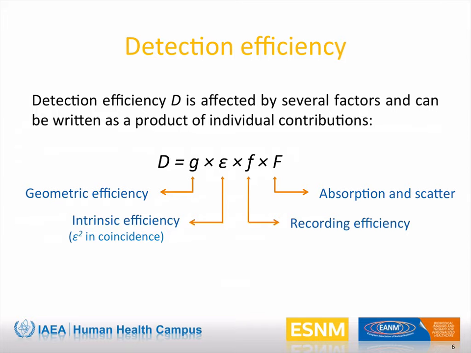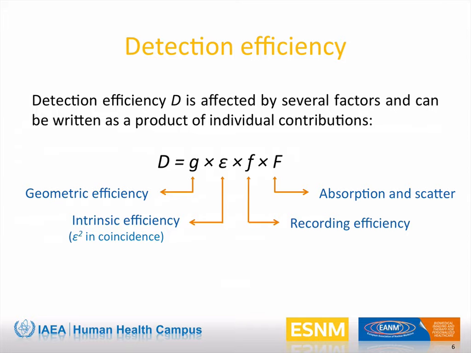In the displayed formula, G is the geometrical efficiency, mainly given by the solid angle coverage of the PET ring. Epsilon is the intrinsic detection efficiency, obtained as the product of the intrinsic efficiency for 511 keV gamma rays of the two detectors involved in the coincidence. Small f is the electronic recording efficiency, and capital F is a factor that takes into account the absorption and scattering in the object.